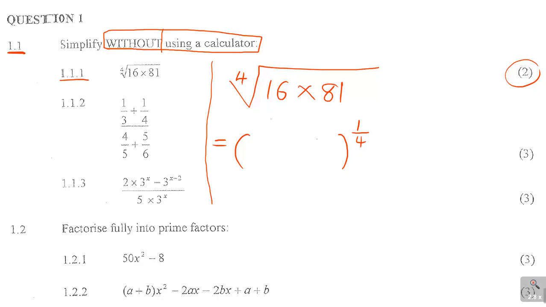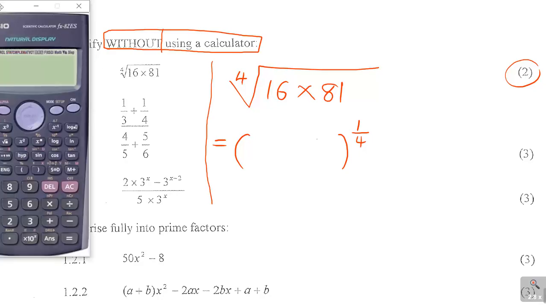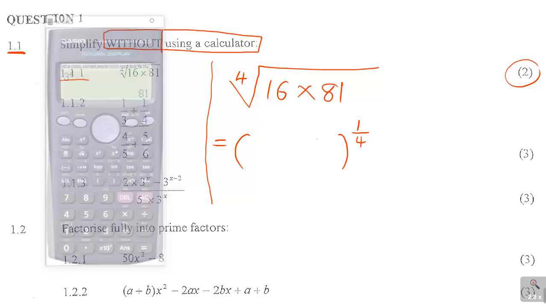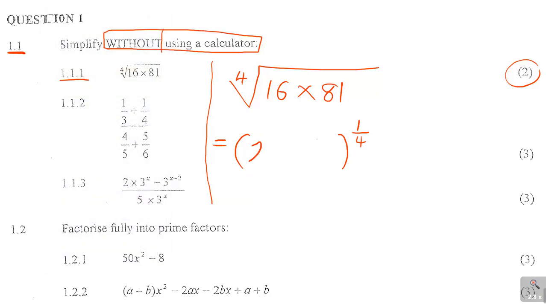You need to express 16 in terms of either 4 or 2, and in this case 2 will work, because 2 to the exponent 4 gives me 16. Even 81 will be 3 to the exponent 4, which gives me 81. That was intentional. So this is 2 to the power 4 times 3 to the power 4.